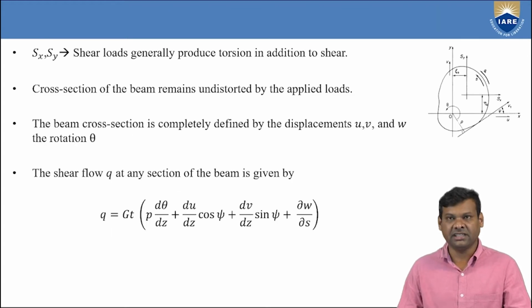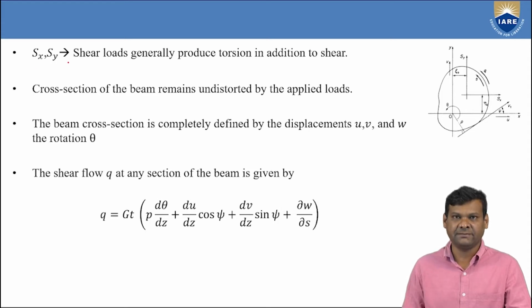And the same thing is represented here, and Sx and Sy. Already I have explained this. Sx and Sy are the shear forces applied, and the cross section of the beam remains undistorted by the applied load. After application of these shear forces or shear loads of Sx and Sy, the cross section geometry is unchanged, that is, it remains as it is before loading.